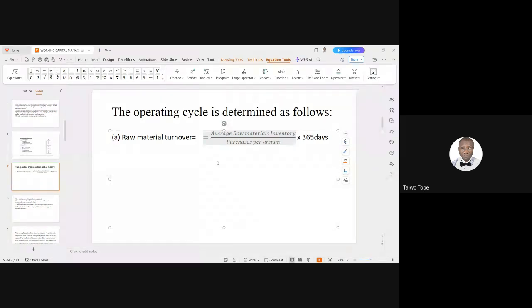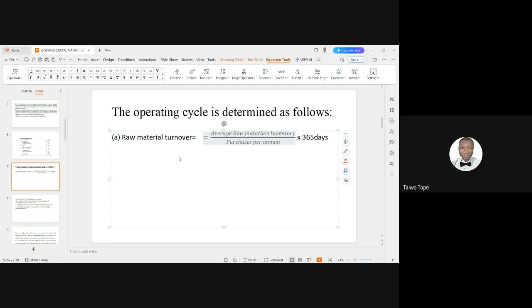So for you to determine your raw material turnover, it is your average raw material inventory divided by what? Purchases per annum. Take note of this. When you see a question, the per annum, they can change it to the annual. Take note, depending on how the words are being used in the question.